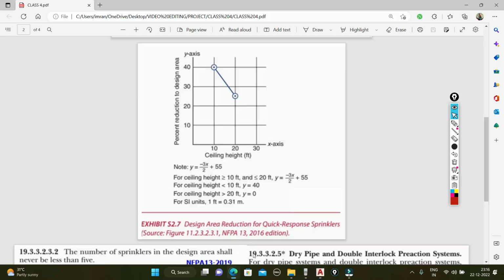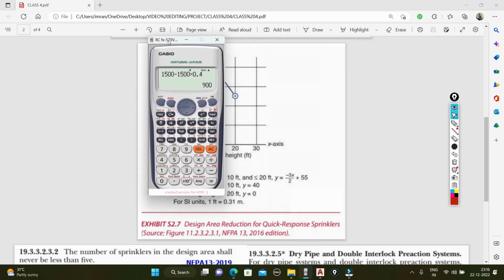If the ceiling height is more than 10 feet and less than or equal to 20 feet, then we will also use this formula to determine the area of operation. Suppose I am going to design a building that comes under light hazard, for example, and the ceiling height is 15 feet or 14 feet.